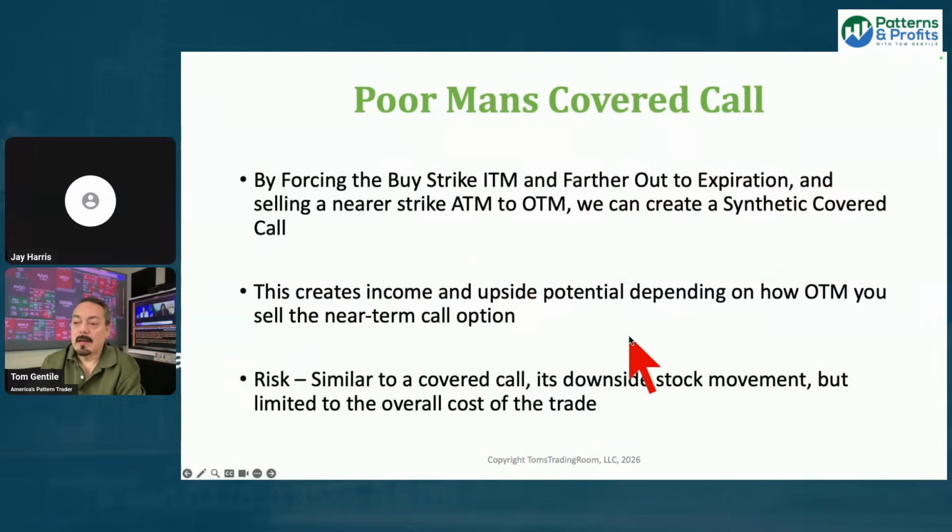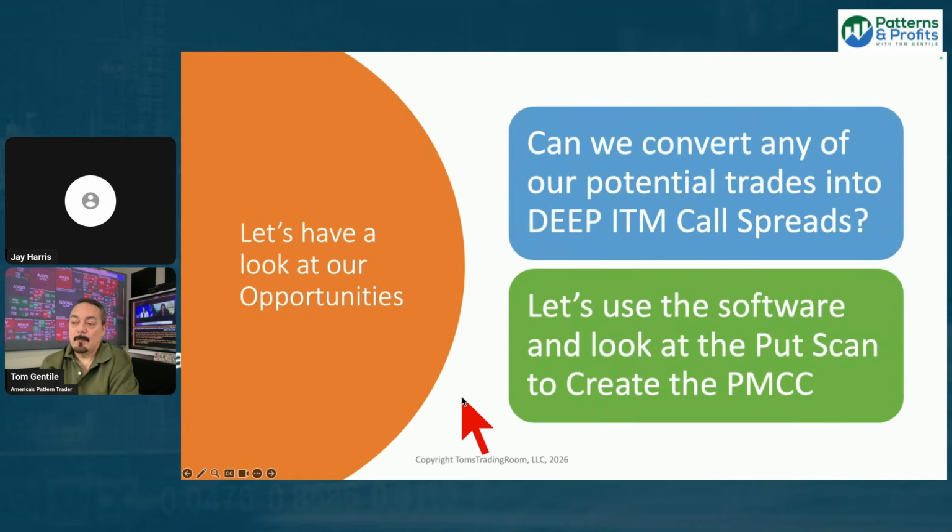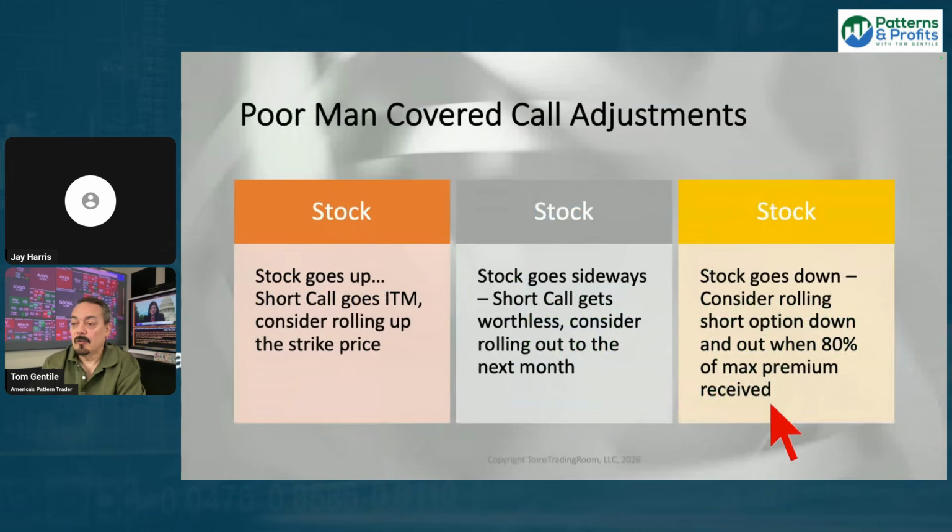A little bit more on that: we looked at some opportunities for deep in the money call spreads, and Amazon seemed to have better slippage opportunities than Affirm, which has very, very high slippage at the moment. So adjustments. What do you do with a poor man's covered call?